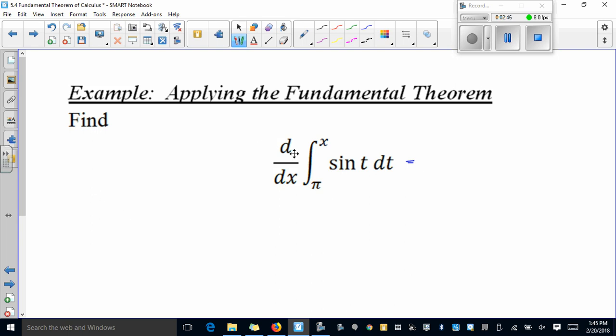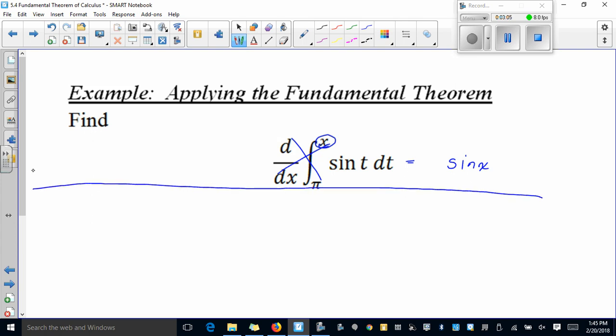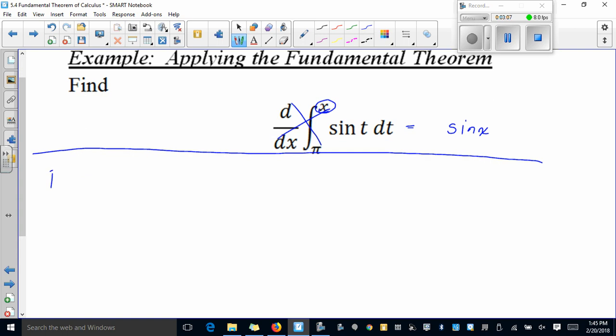Now, I'm going to prove that this is the answer by actually going through the steps. So I'm going to do the antiderivative, and then I'll do the derivative, because just like anything else, you work from the inside out. So if I take the integral from pi to x of sine of t dt, well, the antiderivative of sine is cosine, but the derivative of cosine is usually negative sine, so we put the negative here.